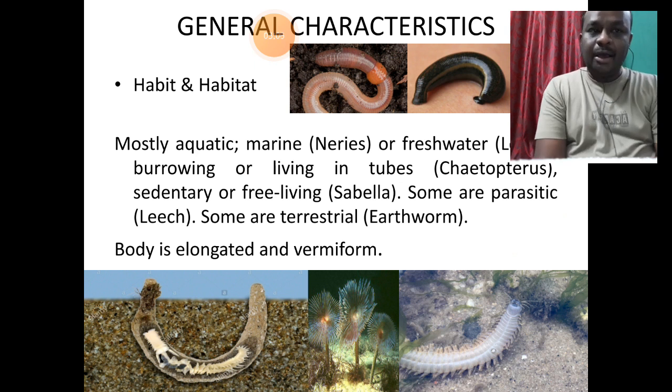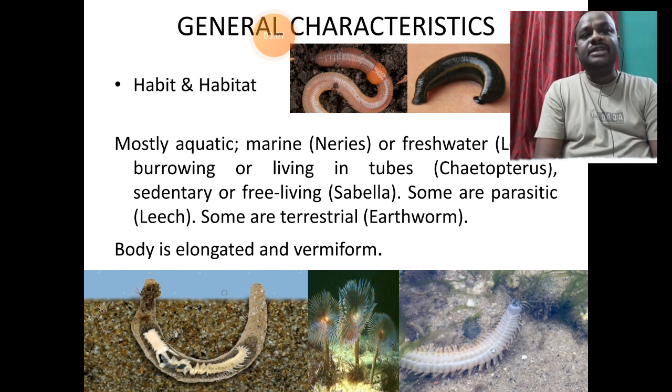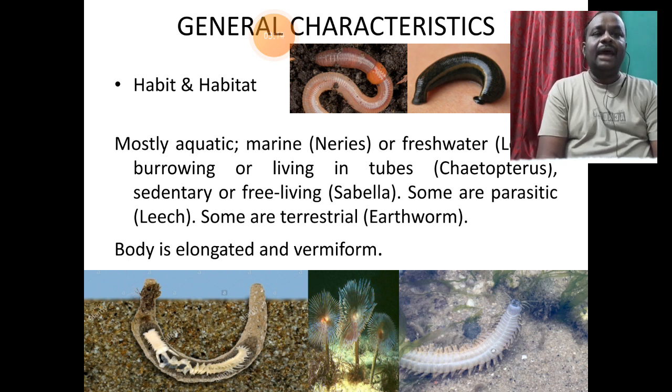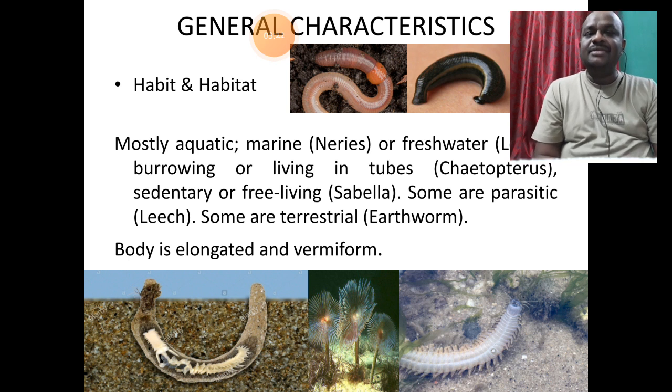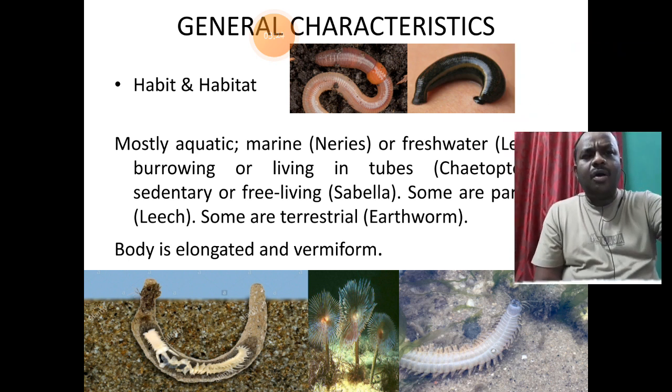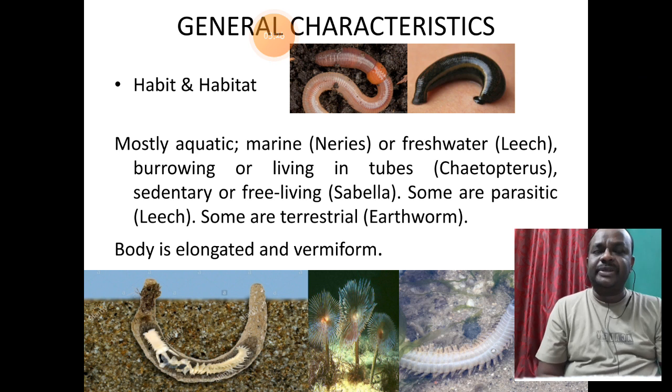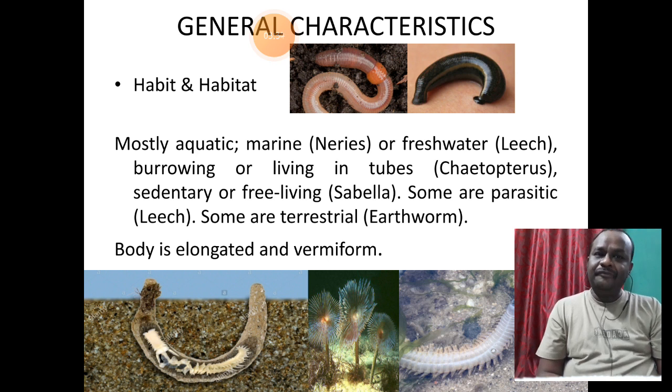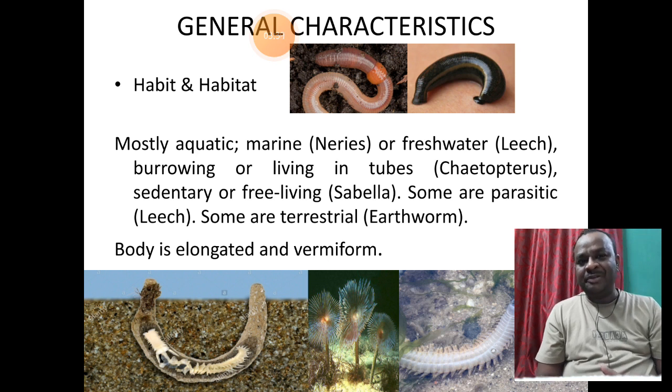Let us understand now the general characteristic features of the phylum Annelida. First to start with is habitat and habit. When we look at the dwelling place of these organisms, they share almost all kinds of environment. They are mostly aquatic, which means they live in water. We have two types of water bodies, the freshwater body and the marine water body.